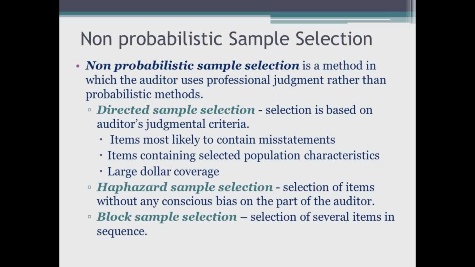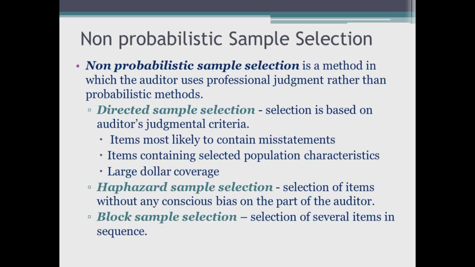If you have faulty expectations, you can't evaluate the outcome effectively. Same here with sample selection. When you're doing non-statistical sampling, if you don't have a good understanding of the client's business, the client's transactions, where the risk is, then you're not going to do a really good job in terms of selecting the items that should be included in your sample. Because in this case, we're introducing auditor judgment.